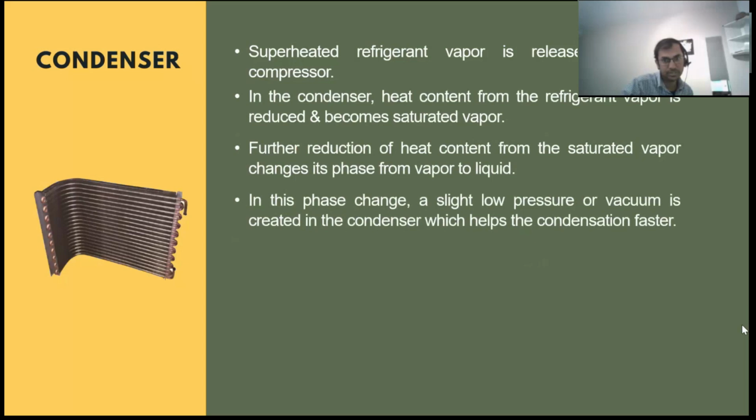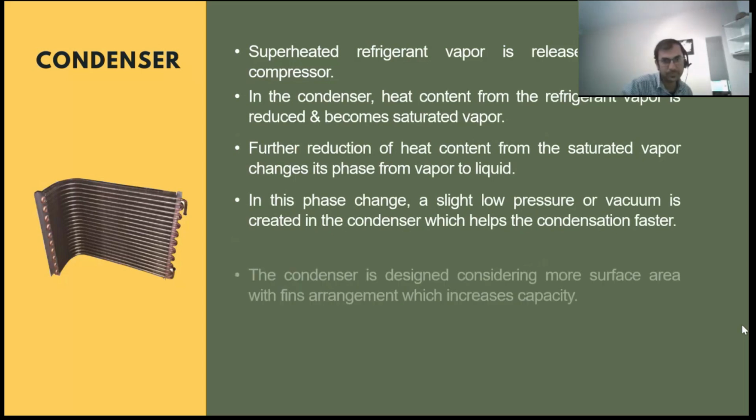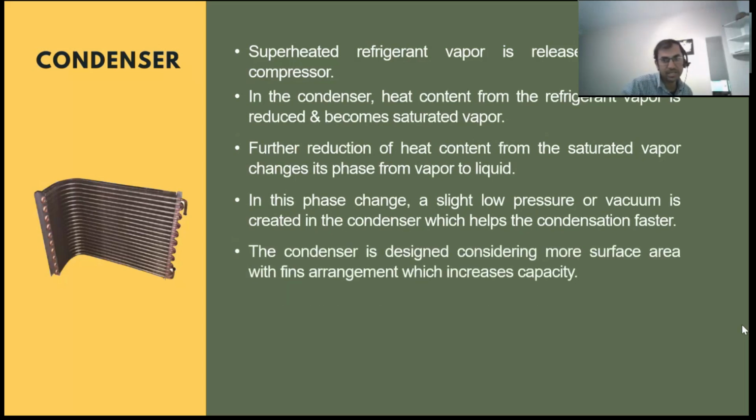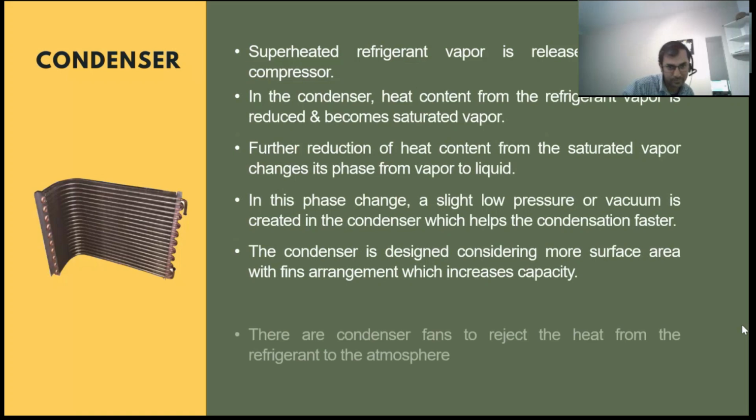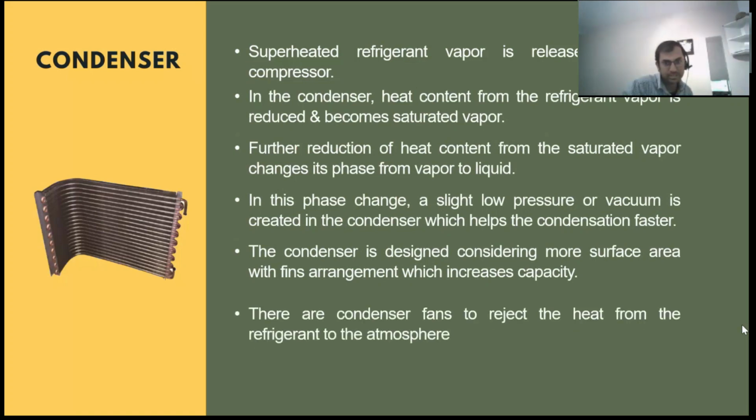In this phase change, a slight low pressure or vacuum is created in the condenser, which helps the condensation process be faster. The condenser is designed with more surface area and a fin arrangement, which increases capacity. There are condenser fans to reject the heat from the refrigerant to the atmosphere.